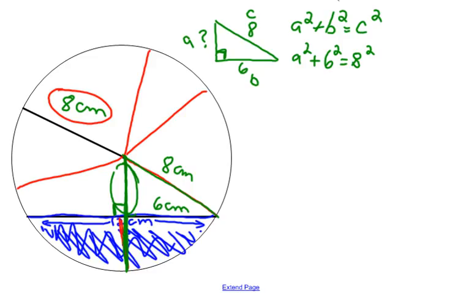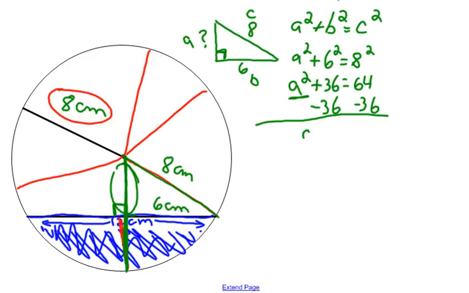Okay, so let's simplify it a little bit. a squared plus 36 is equal to 64. Following the rules of algebra, if we want to solve for a squared, we can take away 36 from both sides of the equation.